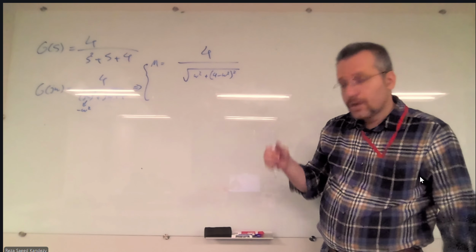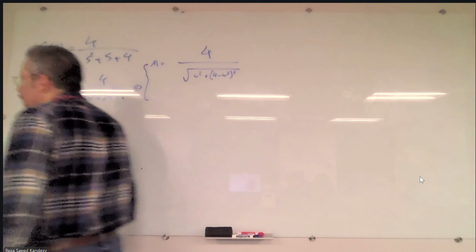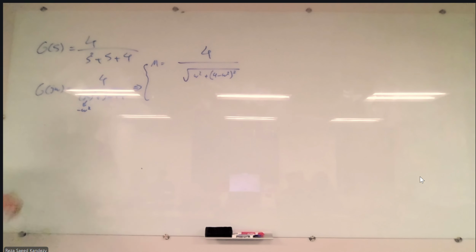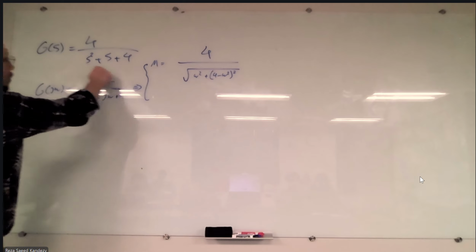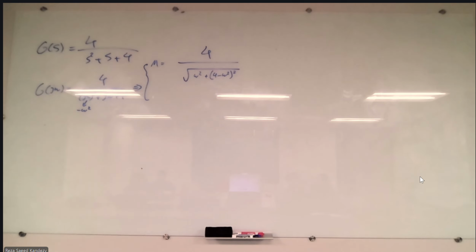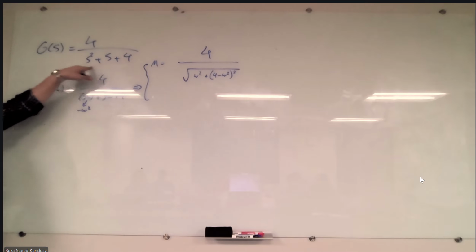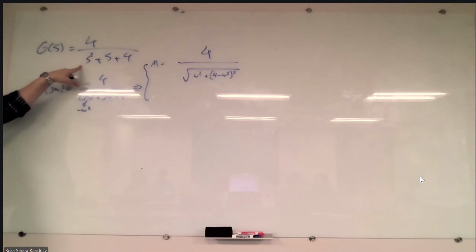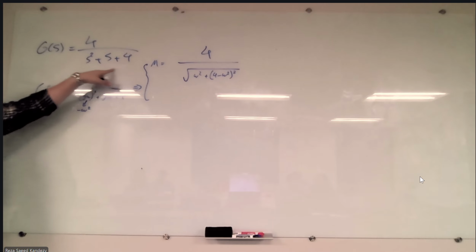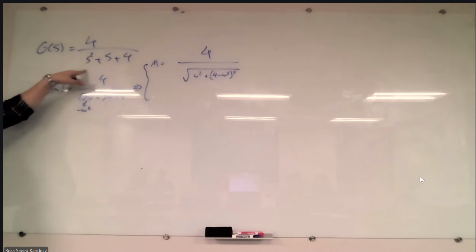Very good. Now, we said the split in a second order situation is the natural frequency of that second order system. Now, looking at this second order function, you know by the standard representation of the second order system that the coefficient of s squared should be 1.